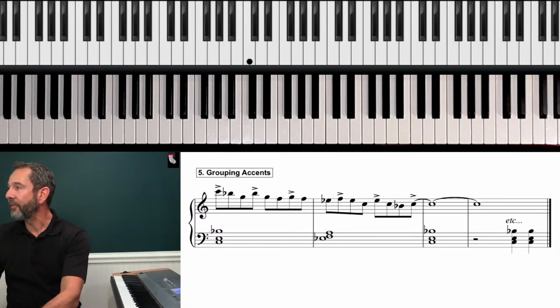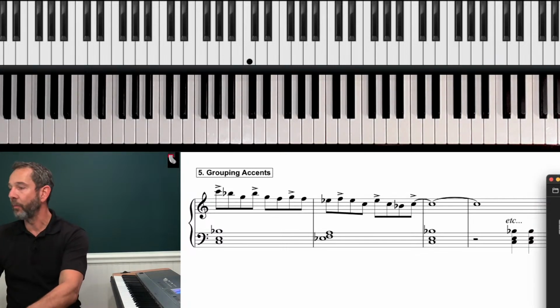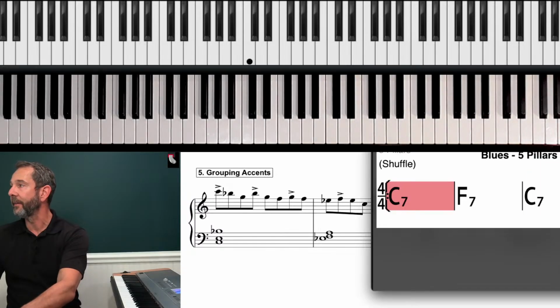Right? It might be easier to hear also with the band track. So let me add that. I'll put the band track on instead.